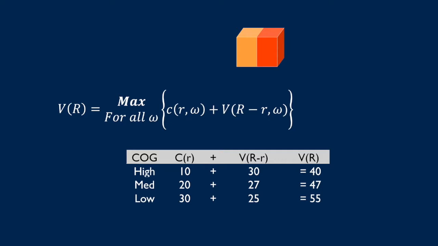For the medium cutoff grade, instead of being 30, the medium cutoff grade takes a little bit longer to mine, and therefore it pushes back the remaining value, and so it delays the remaining value. So the remaining value has come down from 30 down to 27.